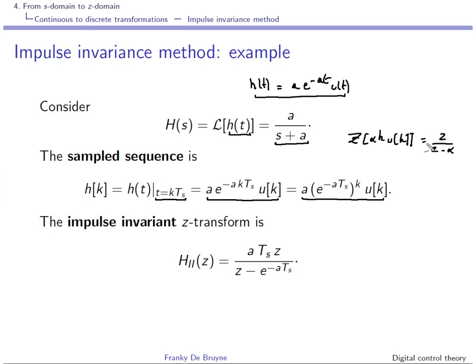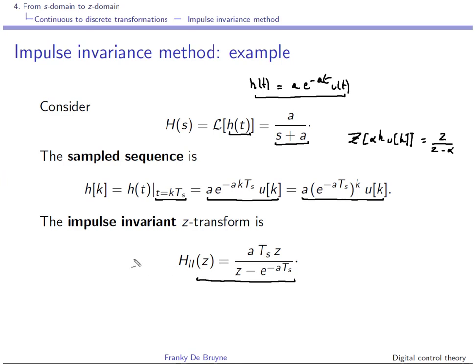I always say remember, but you should be able to find this back using the definition, and this slide with the fundamentals of the z transform. So if we take the z transform of this one and we multiply by Ts, this is what we obtain.